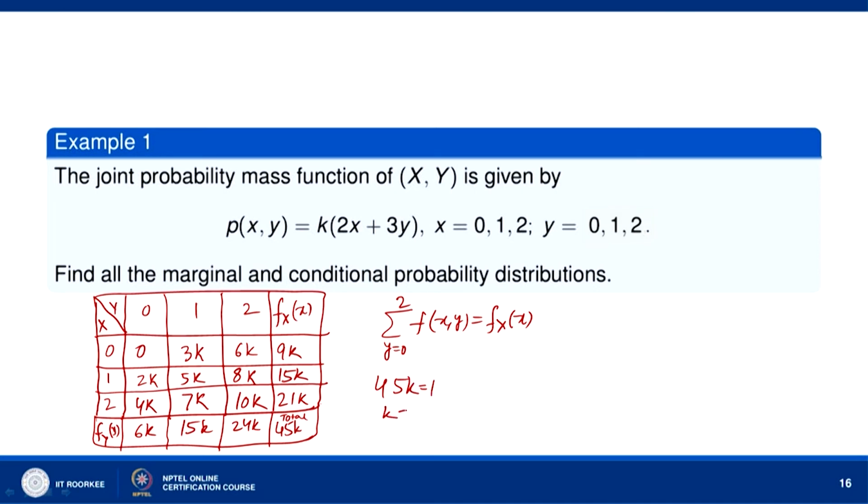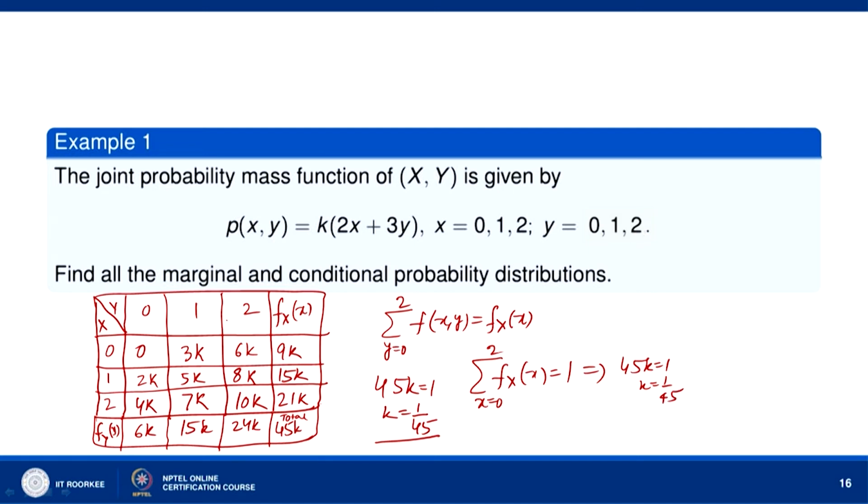And this means that k is equal to 1 by 45. Sigma f(x), when x varies from 0 to 2, is equal to 1. So, this implies 45k equal to 1. So, k equal to 1 by 45.